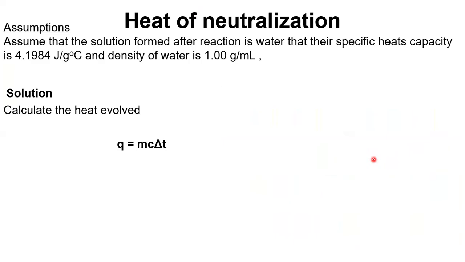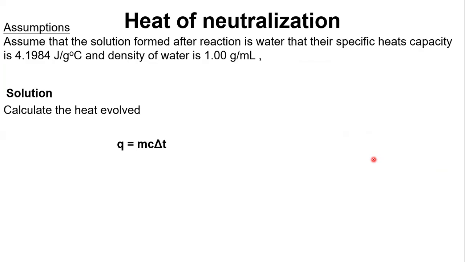Very simple. Now we have been given more assumptions on this slide. We are saying assume that the solution formed after the reaction is water, which is of course water. When you add sodium hydroxide and hydrochloric acid, you form salt and water. Because we cancel out the spectator ions from the ionic equation, the actual reaction occurring is the formation of water, right? So that is what we look at, and that is what we use in our calculation.